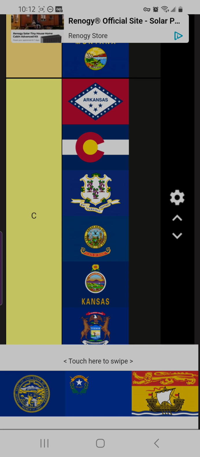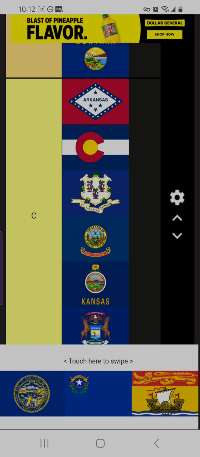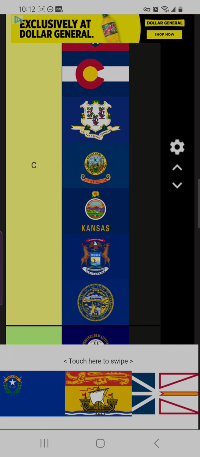And Alaska mainly was considered the gold rush between Canada and the U.S. This one doesn't really show the state that well, but kind of shows Alaska and Colorado better. I think this is just an average flag, an average C.